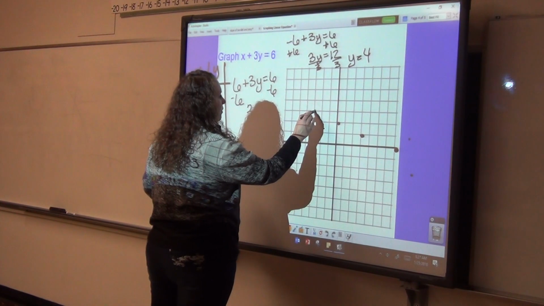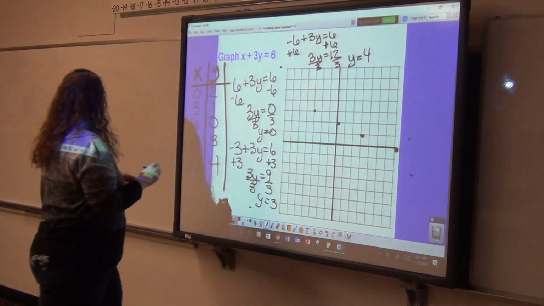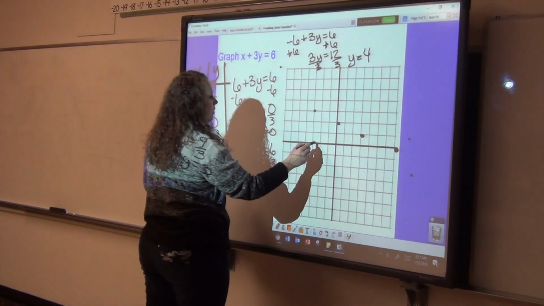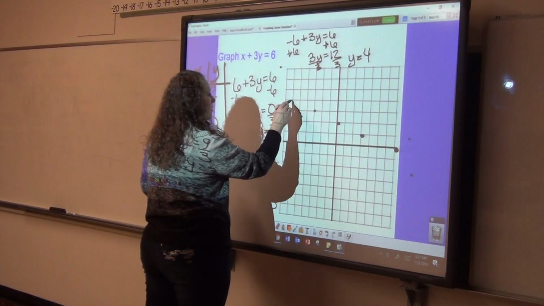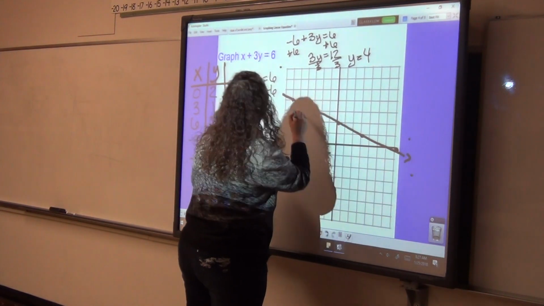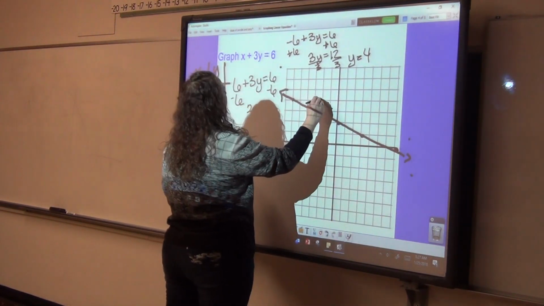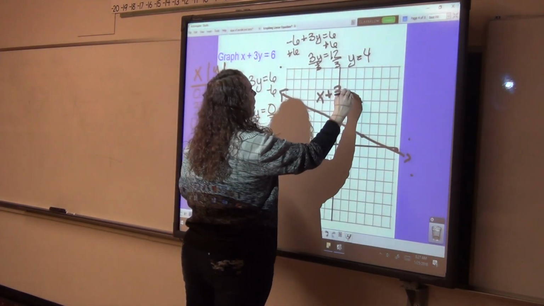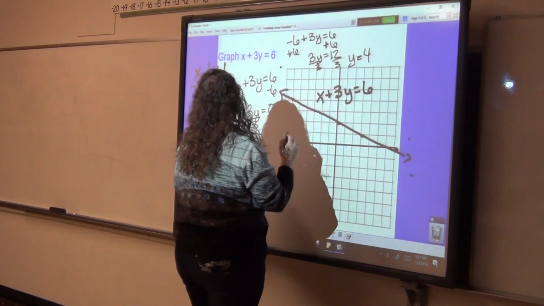And negative 6, 4. So we connect those plotted points, and this is our line, x plus 3y equals 6.